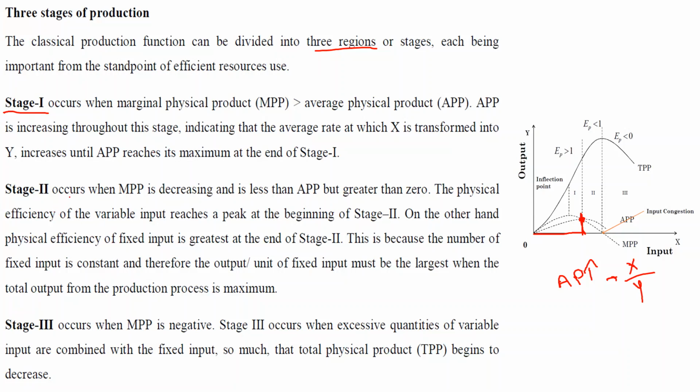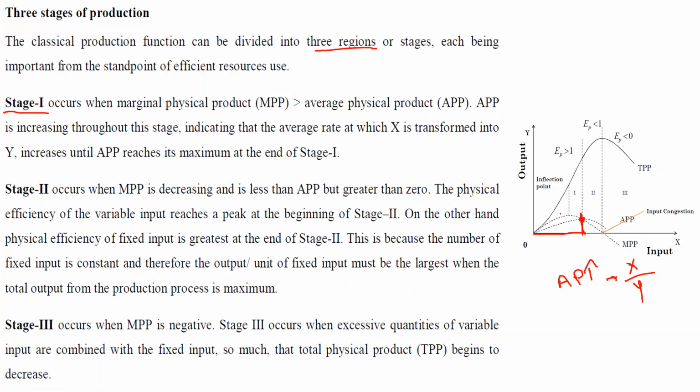Now in the second stage, it occurs when marginal product is decreasing and it is less than average product but is greater than 0. The second stage occurs when MPP is less than AP, or AP is greater than MPP. So let me show you the second region.